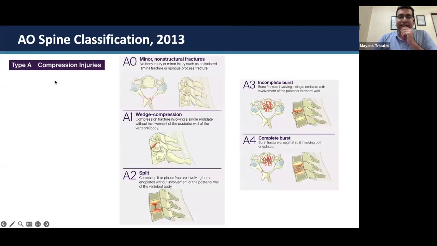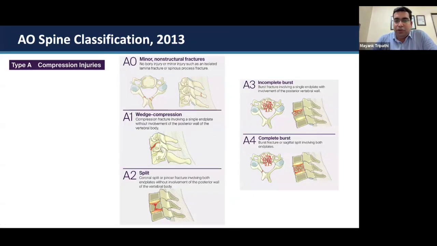Now, if we look at the AO spine classification, the type A injuries, which were compression injuries, could be grouped into 5 different groups. A0 was minor non-structural injuries, which involved the injury to the spinous process or the lamina only. Type A1 were compression fractures involving the single end plate without involvement of the posterior wall of the vertebral body.